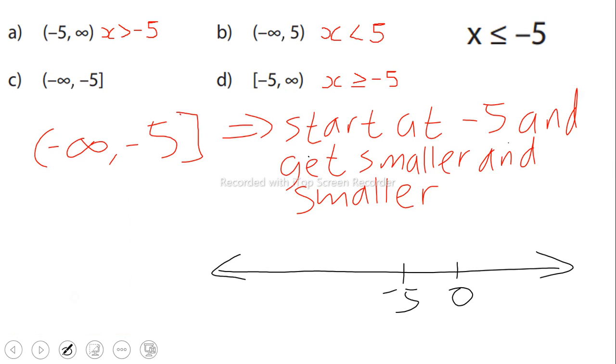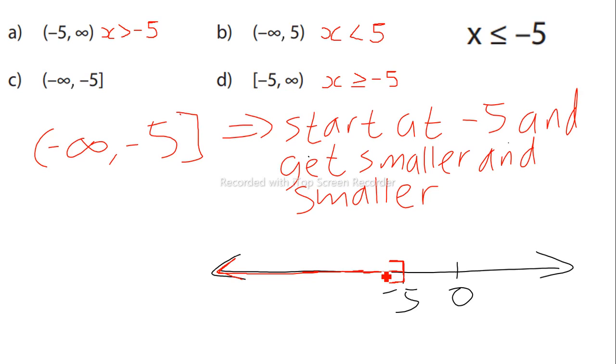Remember, we include -5. So we start at -5 and get increasingly smaller.